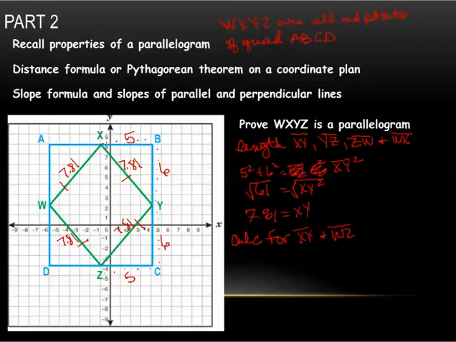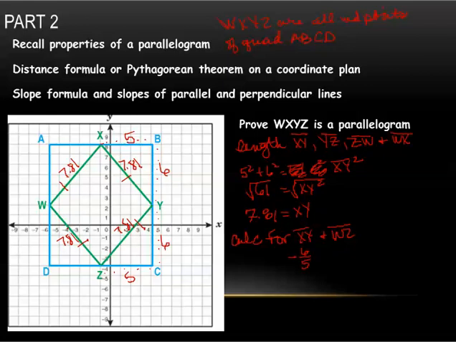Now calculating the slope here is pretty easy because I've already done some of the work. Look right here. You remember slope is rise over run. So if I want to find the slope from X to Y, it's going down, so I know it's negative. My rise is 6. My run is 5. So I've already done part of the work. So for XY, my slope is going to be negative 6/5.